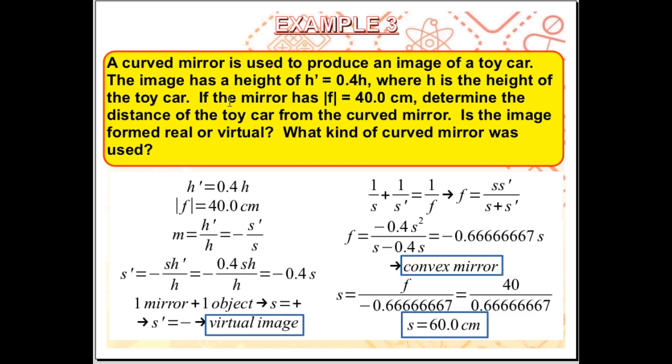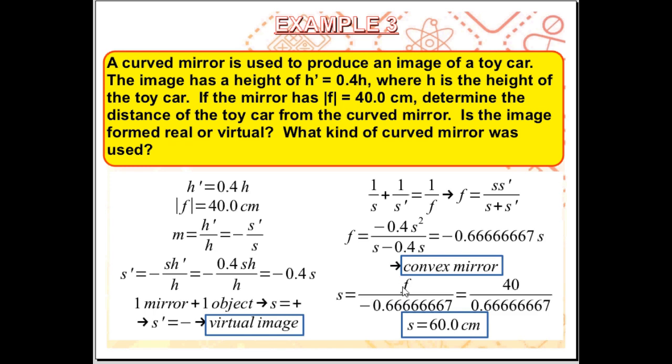Finally, what is the distance of the toy car from the curved mirror? f is equal to negative 0.666 and so on times s. Isolate s. s is equal to f over negative 0.6666 and so on. Absolute value of f is 40 centimeters. We know now that f is negative, so negative 40 centimeters is the focal length of the mirror.